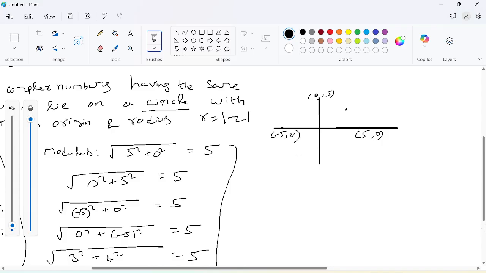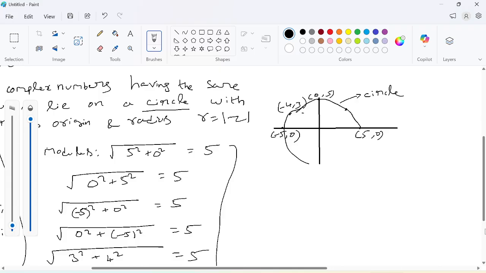And minus 4 plus 3i is also there, minus 4 comma 3. If you join all these, drawing like this, all these points lie on a circle.